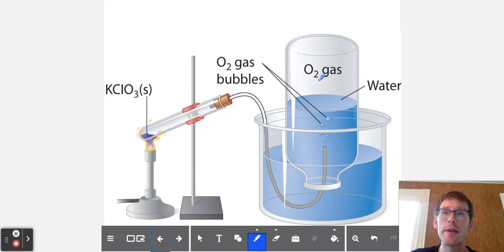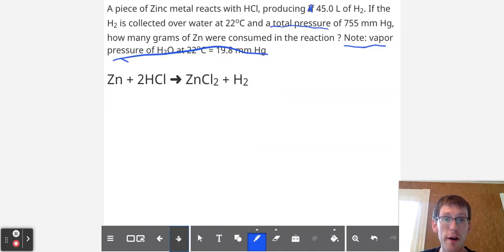That would lead us to believe that whatever pressure we read is a little bit too high, or that there's too much volume of gas. That water that's evaporated just inflates our measurements a little bit, but we can correct for that using Dalton's law.